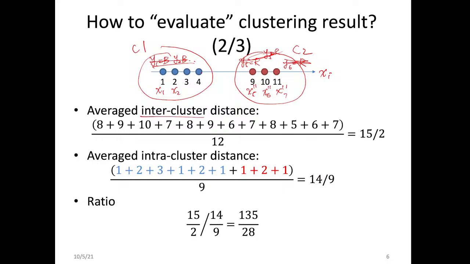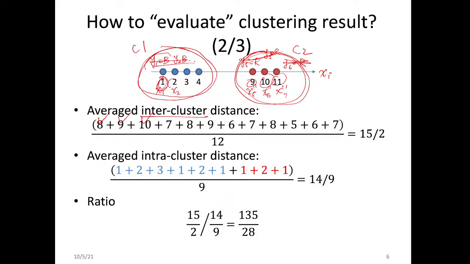So what's the intercluster distance? We just compute the average. So the average from 1 data point in cluster number 1 to 1 data point in cluster number 2. The distance between this 1 and this 9 is 8. And 1 to 10 is 9. 1 to 11 is 10.